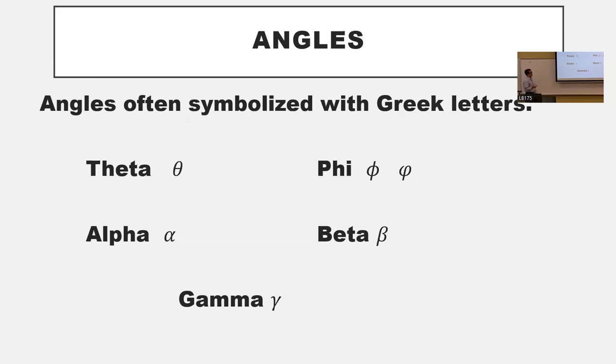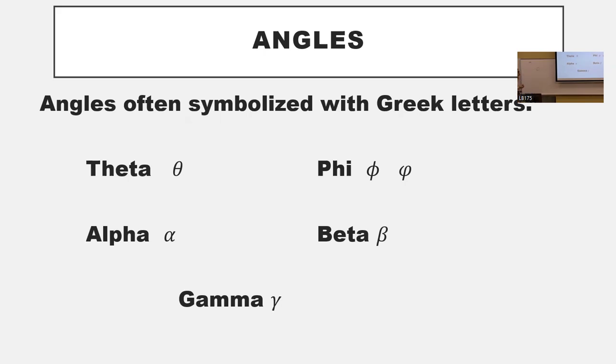Phi is another angle you'll see. Phi can be actually written in two different ways. Looks like a circle with a slash through it, or looks like a script circle with a slash through it. Like somebody drew it real quick, you know. So that's phi.